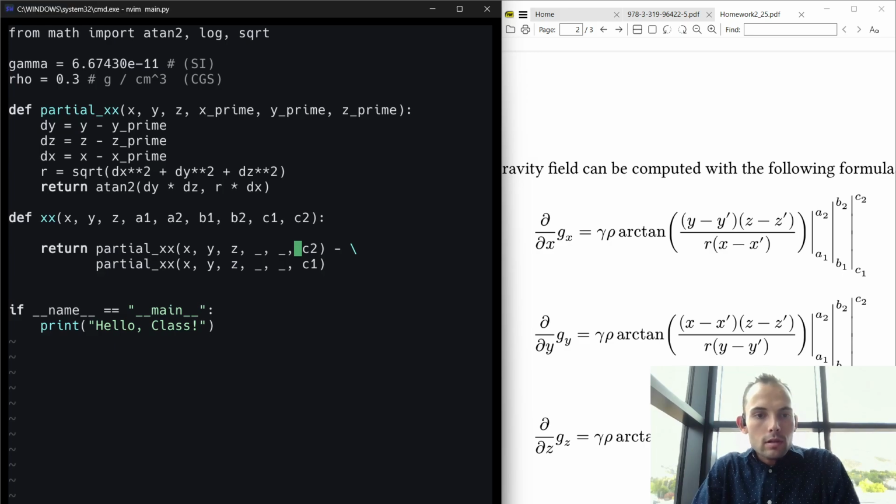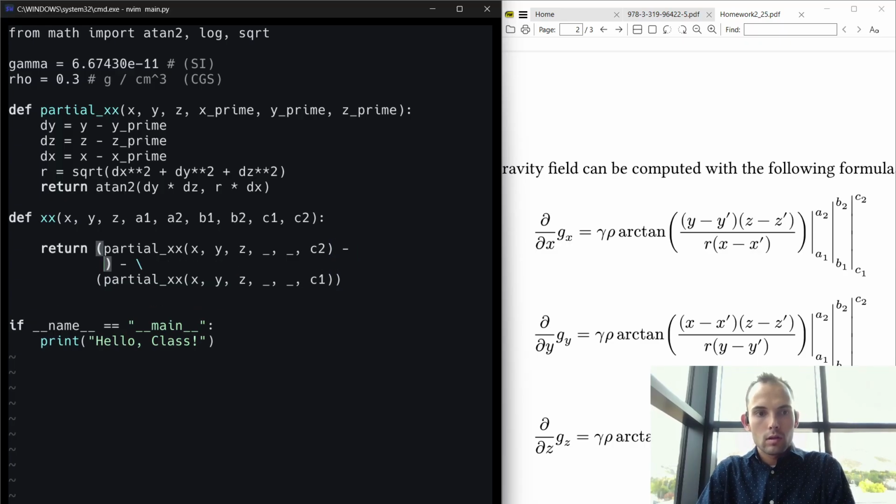So this is where things start to get messy, but it's okay. We'll get through it. We can just start to put parentheses maybe around these. Partial xx, x, y, z.